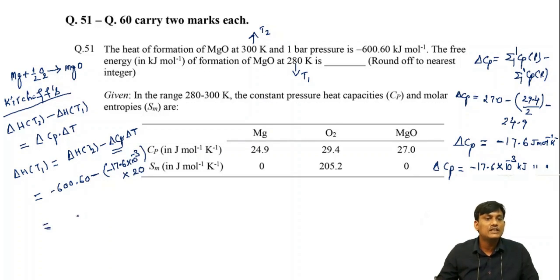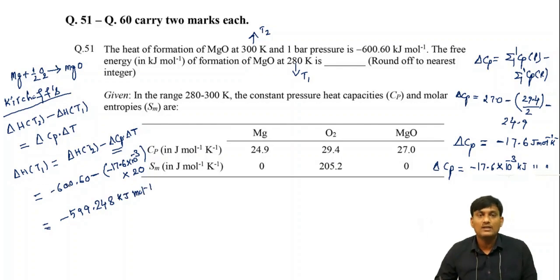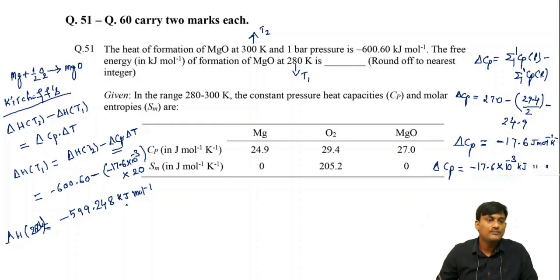Okay, after this calculation you will get minus 599.248 kilojoule mole inverse. This is the delta H T1, means delta H at 280 Kelvin.